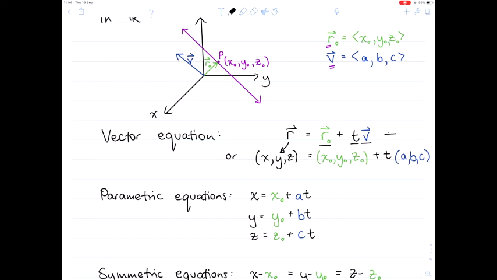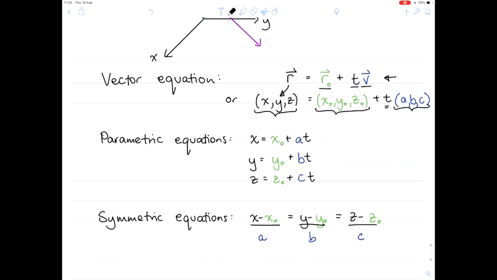So we have a vector equation, or we could write it out in component form. Any point xyz on the line is given by the position of a point on the line plus some multiple times the direction of the line. We can also split this up into parametric equations, where I've just pulled x, x0, and a out of our vector equation to give me an equation for the x component, and we've done similar things for y and for z.